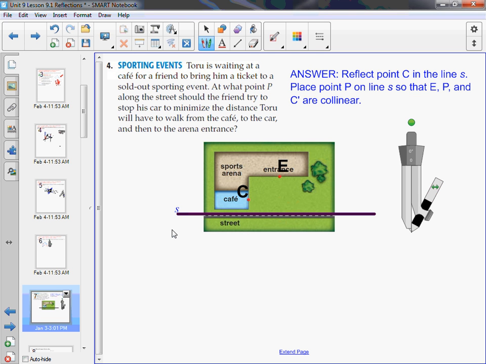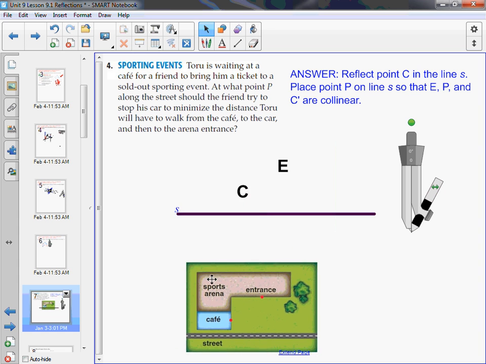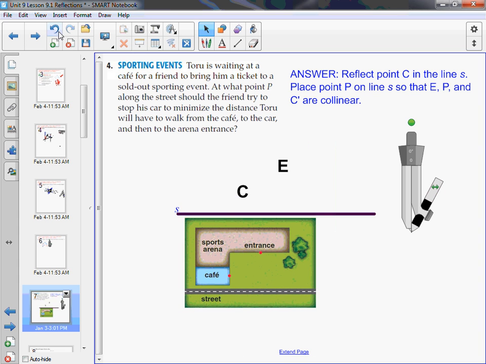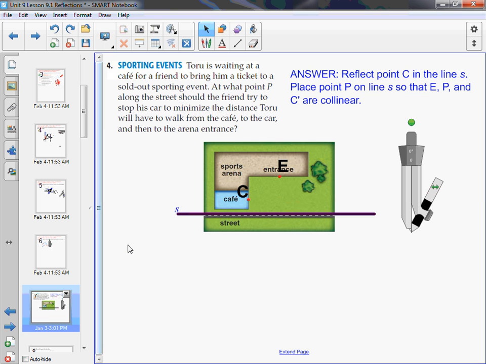Okay, that's a bunch of foolishness, right? On your paper, don't draw the picture of the building, but put point C, point E, and that line of reflection just like I have it on here. All right, so look, I could move that, and it would still work out okay. So you need point C, point E, and the line of reflection.